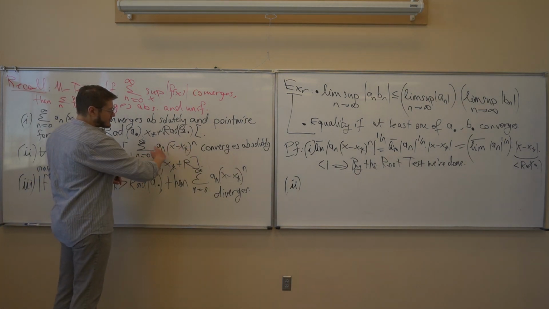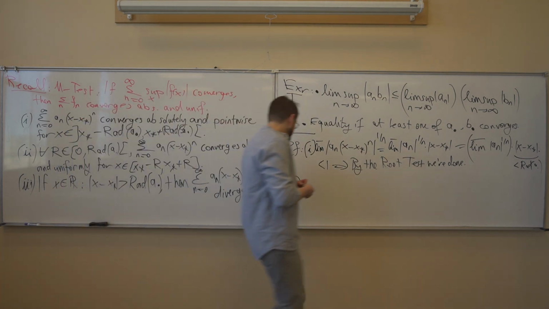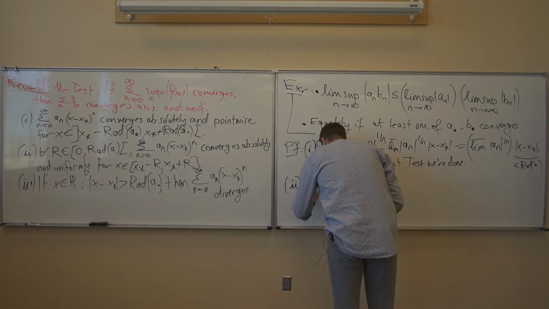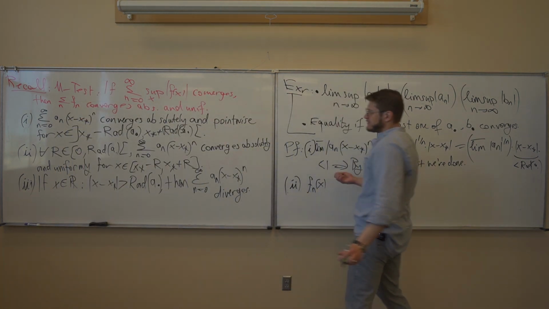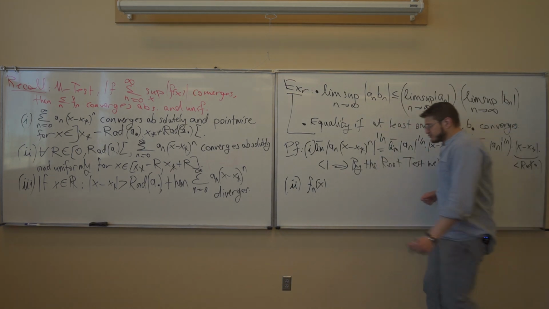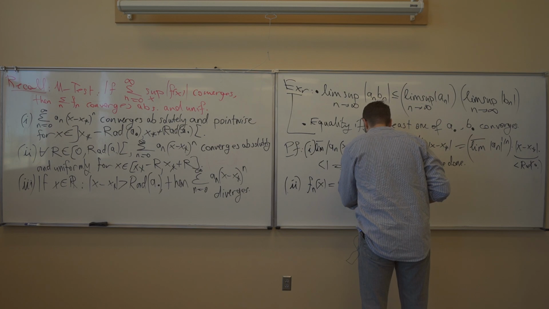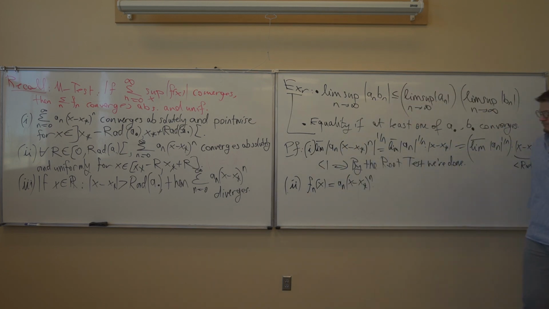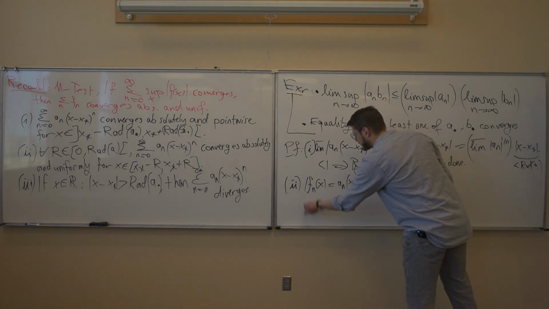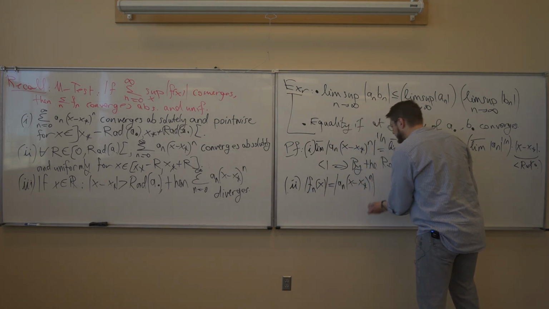Right? So now f sub n is this function. Let me write it. F sub n of x is this nice polynomial function, after all. Right? So if I were to take the absolute value, I would get this.